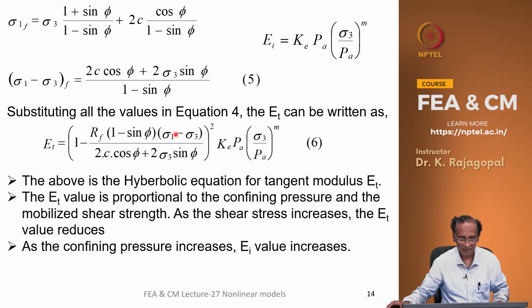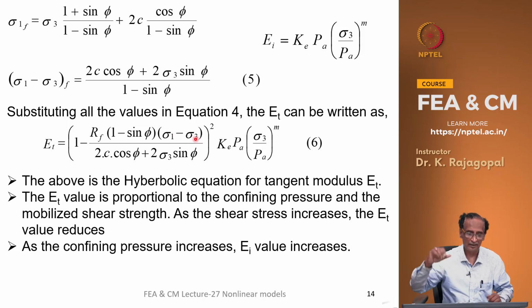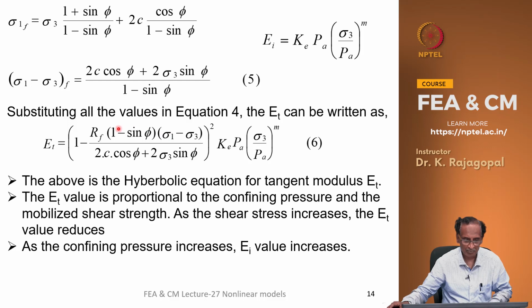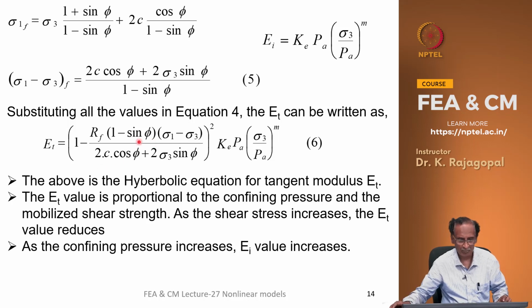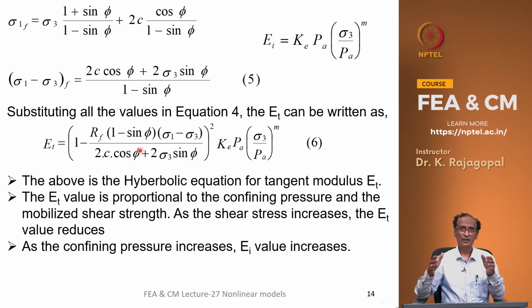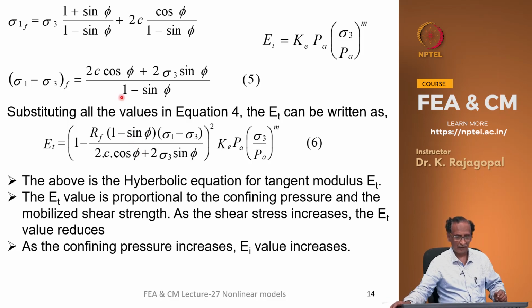If your shear stress, sigma 1 minus sigma 3, goes on increasing, this ratio will go on increasing, and then it is 1 minus this, so the bracket will go on decreasing as the shear stress increases. So in one single equation, Duncan and Chang have given a beautiful equation that can represent the failure of the soil, because we have introduced the Mohr-Coulomb relation for the strength of the soil.